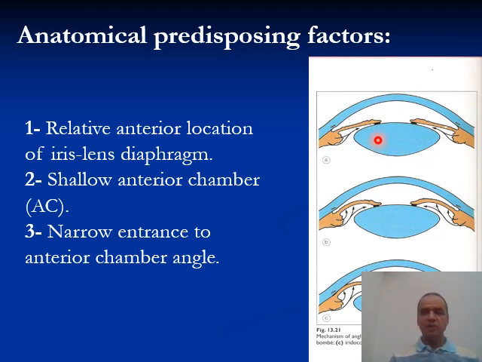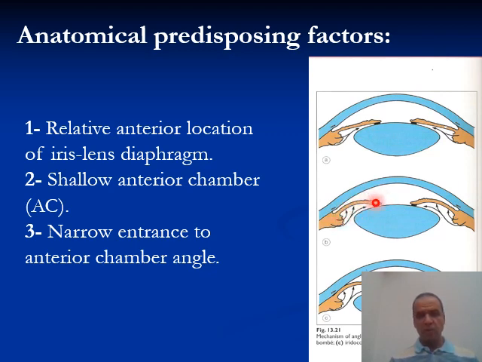So when there is mid-dilatation of the pupil, for example, a patient watching TV in a dark room, or during anxiety when there is a release of catecholamines, and in the presence of a shallow anterior chamber, there is direct apposition between the pupillary margin and the anterior capsule, leading to pupillary block and accumulation of the aqueous in the posterior chamber and anterior bowing of the iris.